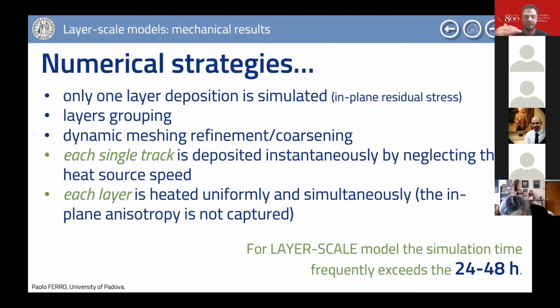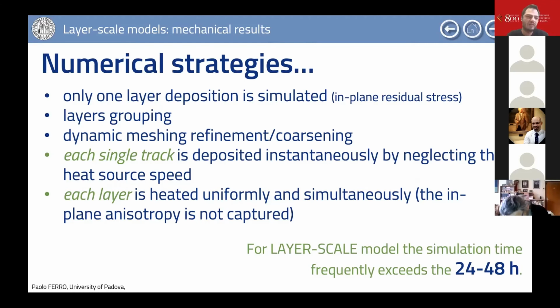In this case, we are able also to assess the distributions of residual stress and the effect of the scan strategy and so on. So using one layer, we have the possibility to study the effect of the laser or the beam movement on residual stress, of course.